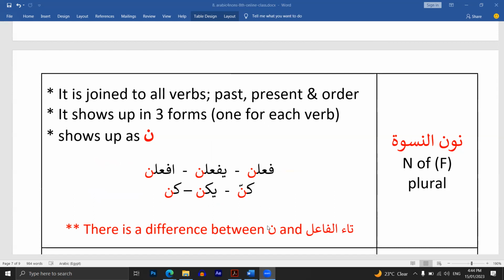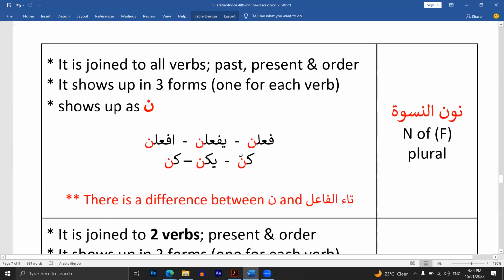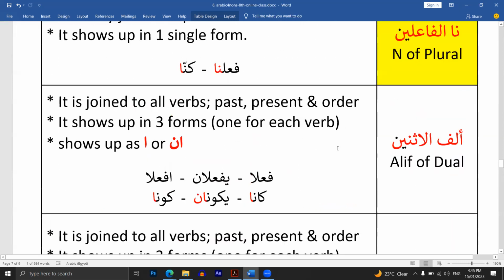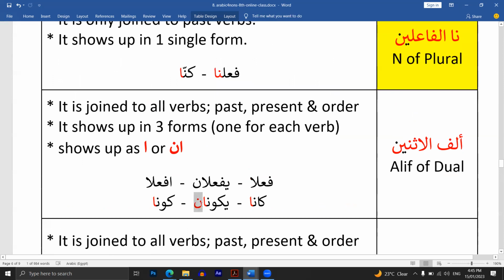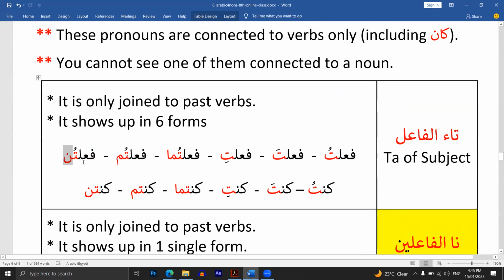One student may ask or has a confusion. Yes, I remember now. So one student may ask, now we see noon, right? And here we see noon again, and here we see noon again. What is the difference? فعلتن, we can see it here, right?